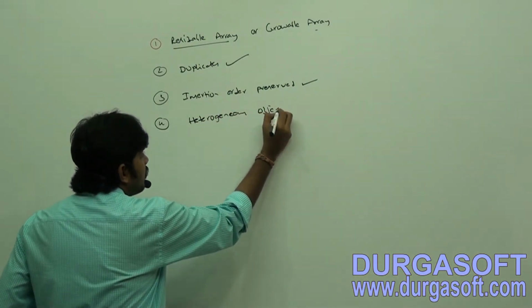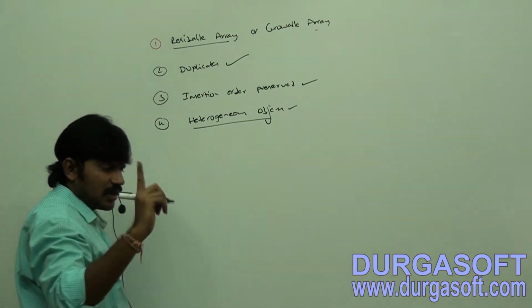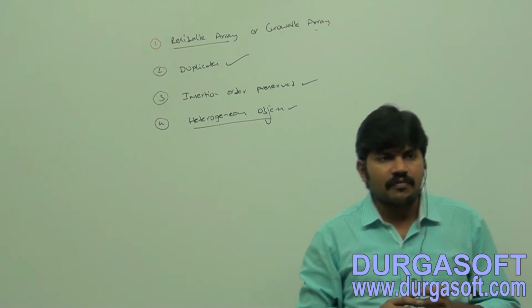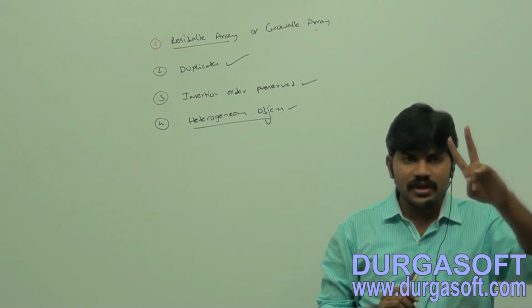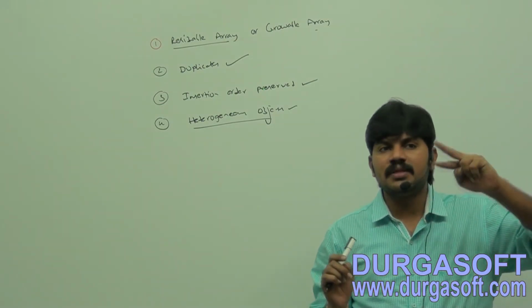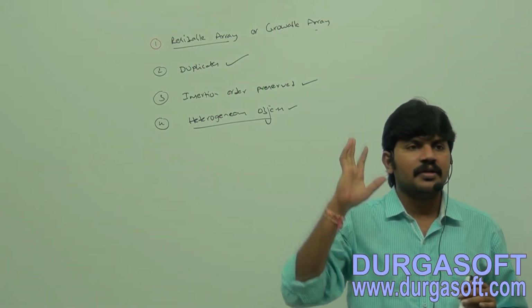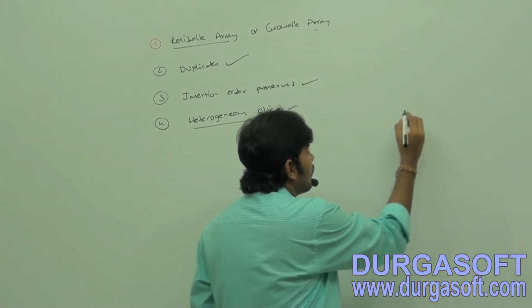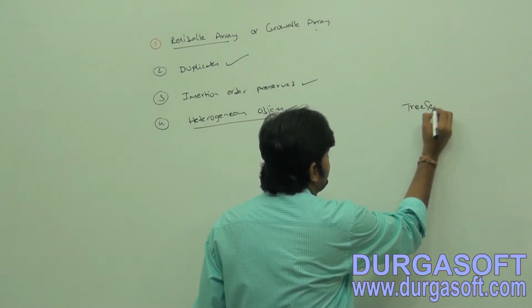But here one small clarification I have to cover. In the total collection framework, there are two areas where heterogeneous objects are not allowed. Except these areas, in all remaining, heterogeneous objects are allowed. Which two areas? Best examples: first one, TreeSet.